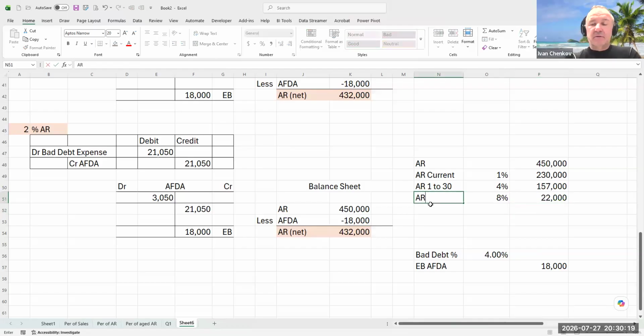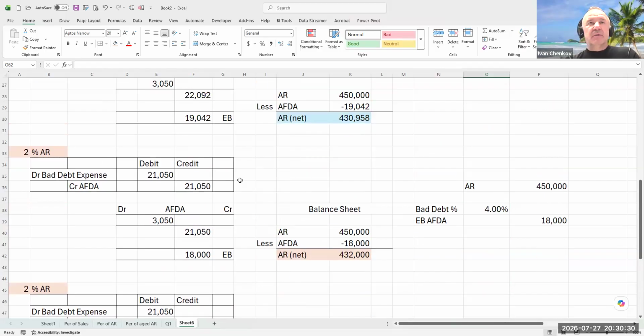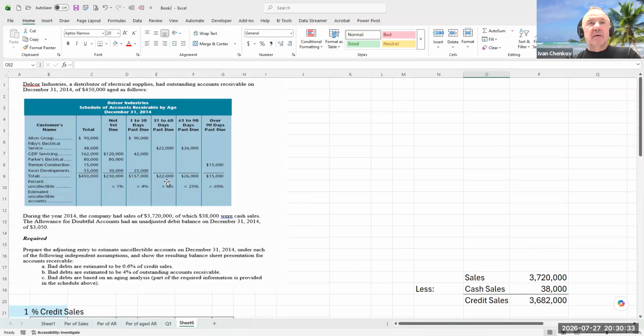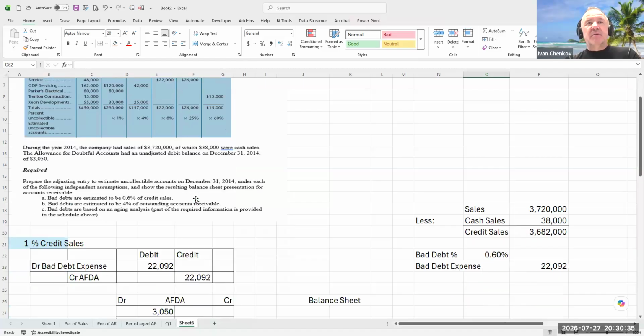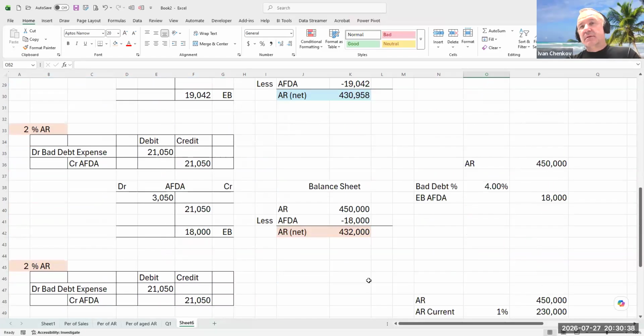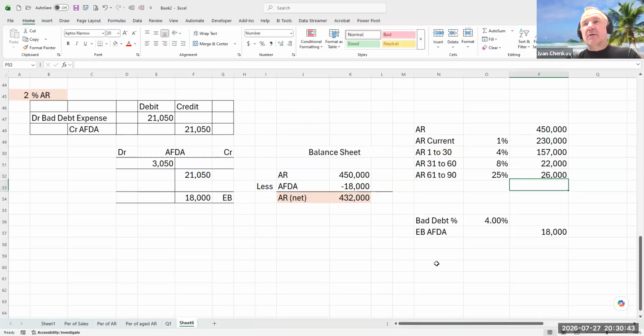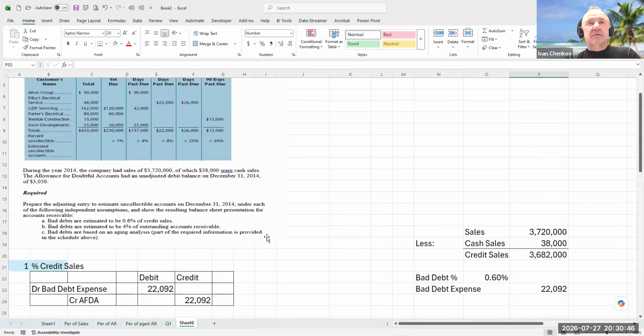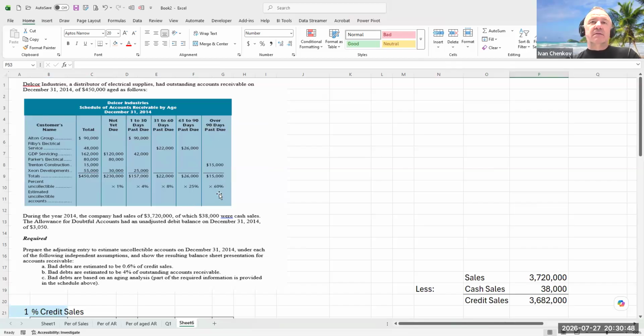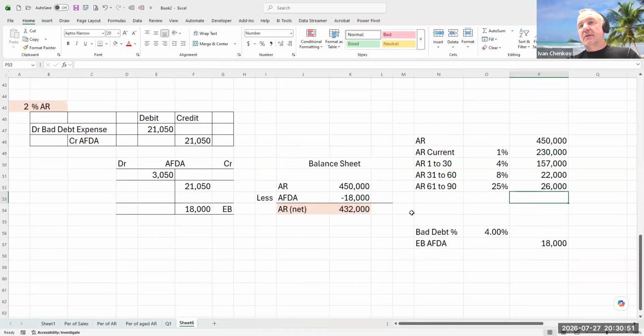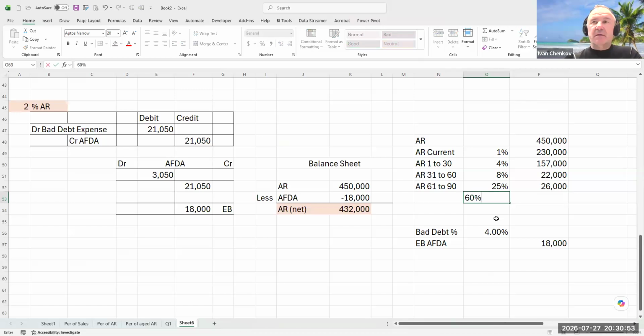And that will be accounts receivable between 31 to 60 days. Then we're going to have accounts receivable 61 to 90 days. For that, we apply 25%, and the amount is 26,000. And the last is over 90 days, 60%, and the amount outstanding is 15,150.